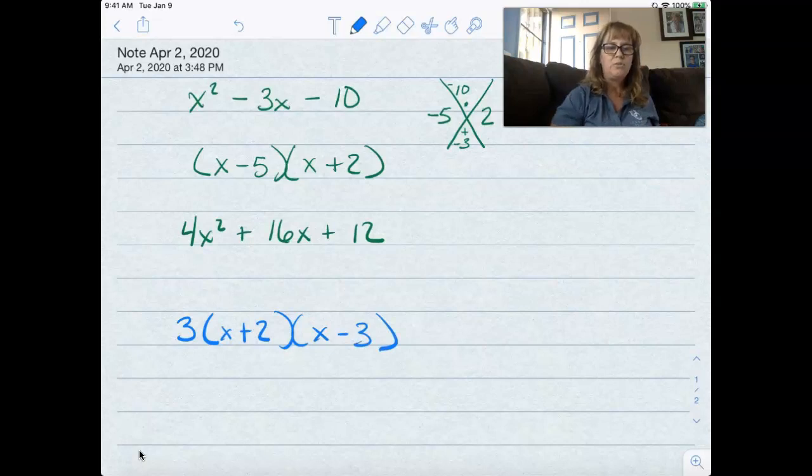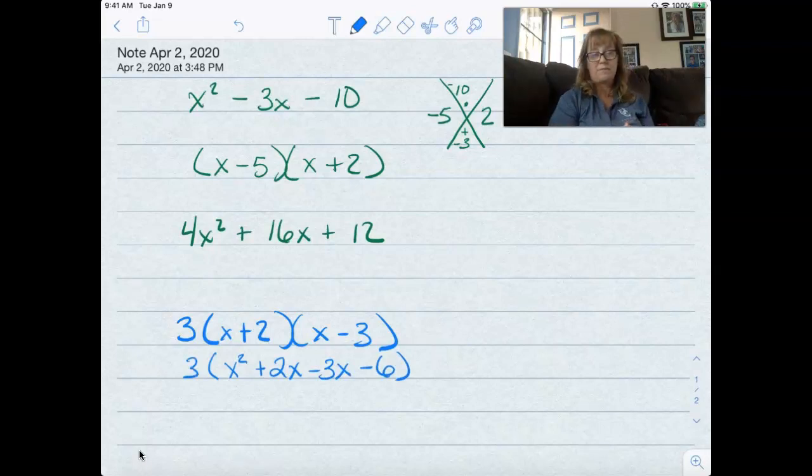Okay, well in doing this, what you would want to do is multiply the binomials first. Then you could multiply the 3 next. So let's first look at multiplying the binomials. You're going to get x squared plus 2x minus 3x minus 6.